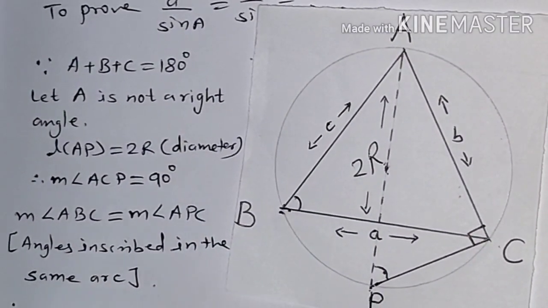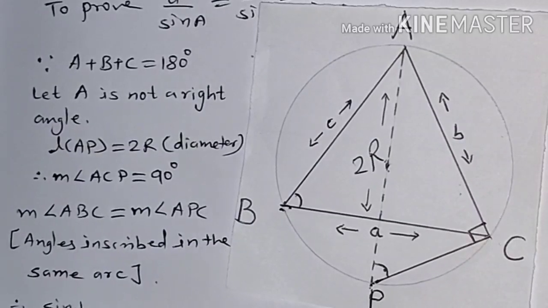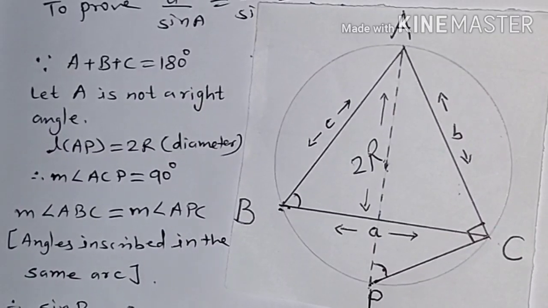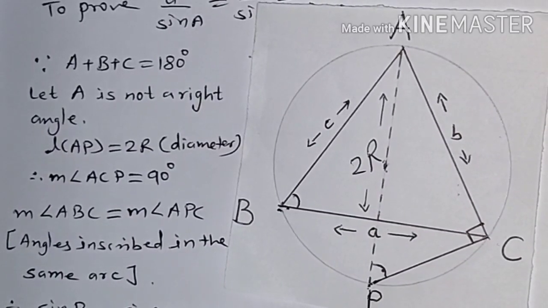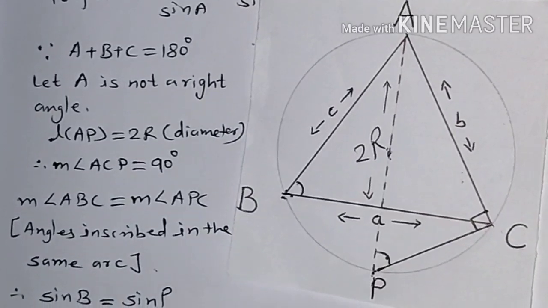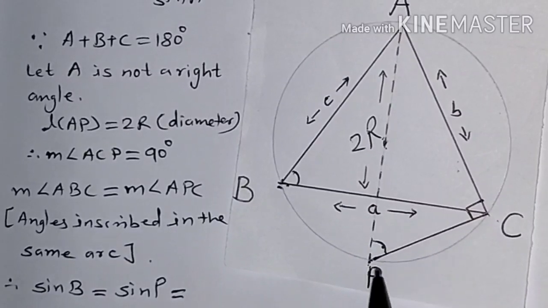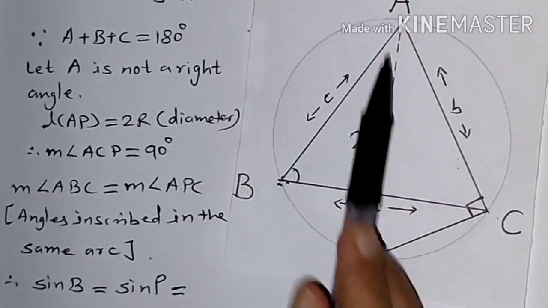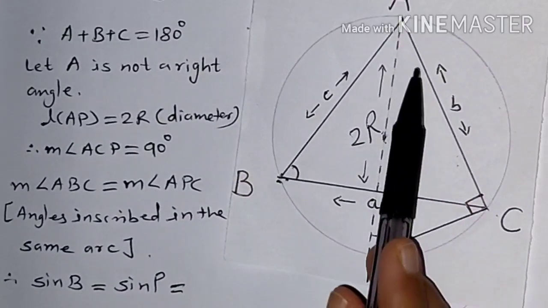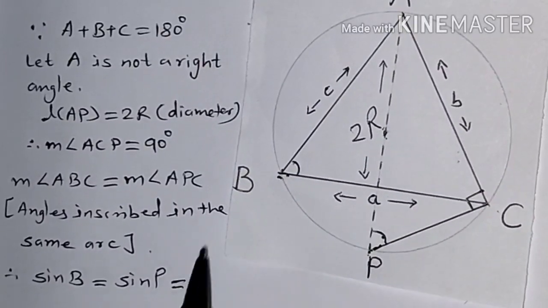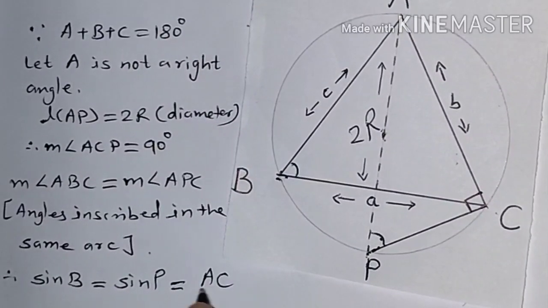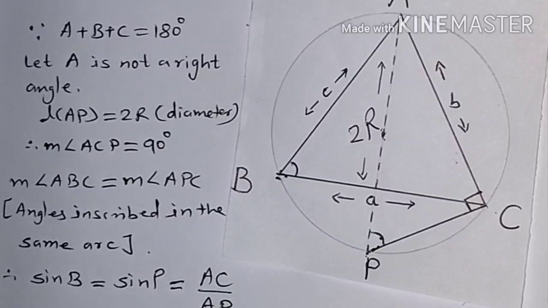Therefore, sin B is equal to sin of angle P, and considering this right angle triangle, sin P is equal to the opposite side, that is AC upon AP.